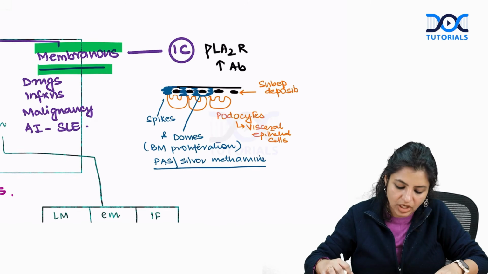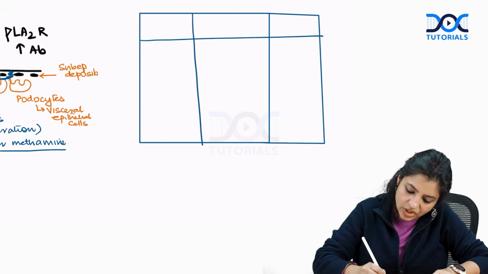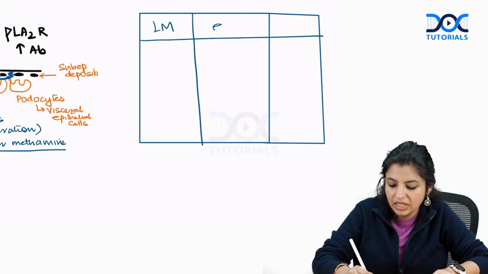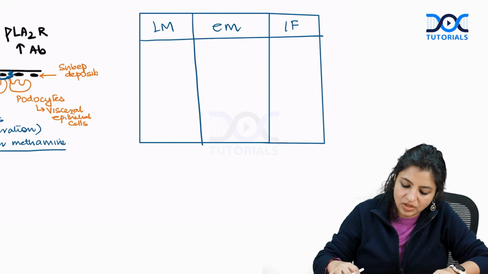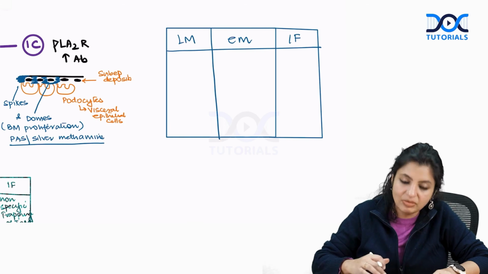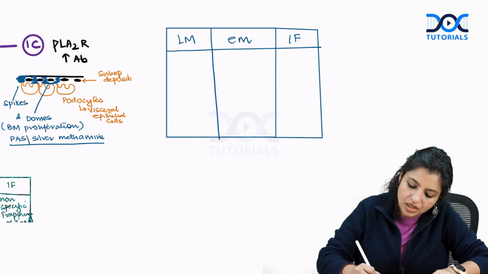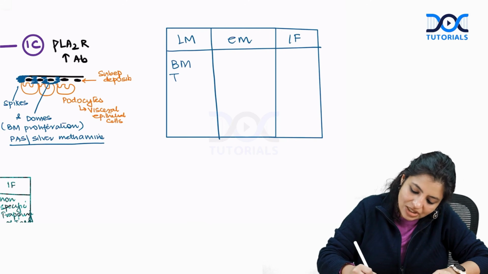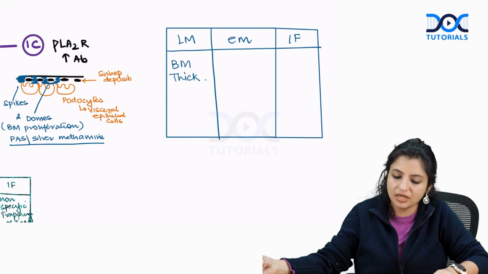Again, if I'm talking about membranous nephropathy and I draw a box here, what do you see in light microscopy, electron microscopy and immunofluorescence? On light microscopy, the basement membrane is proliferating in a spike and dome pattern, so the basement membranes are thickened. That's the only finding you see here: the basement membranes have become very, very thick.